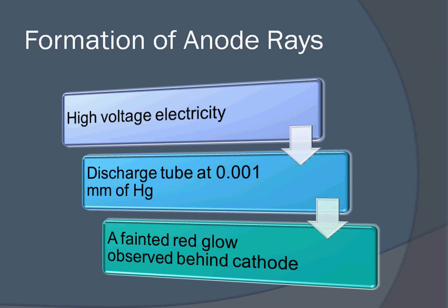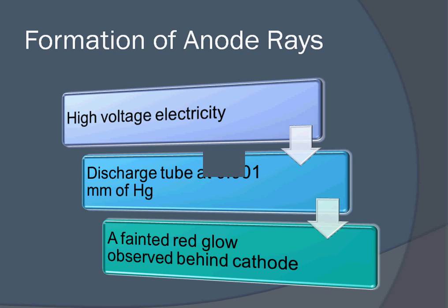If we decrease the gas pressure, there are very few gas atoms in the discharge tube. Since the number of atoms is small, there is no hindrance to the movement of electrons and the gas conducts electricity. So this is the theory behind this whole experiment, as in the cathode ray experiment, and also in this experiment where the proton was discovered.